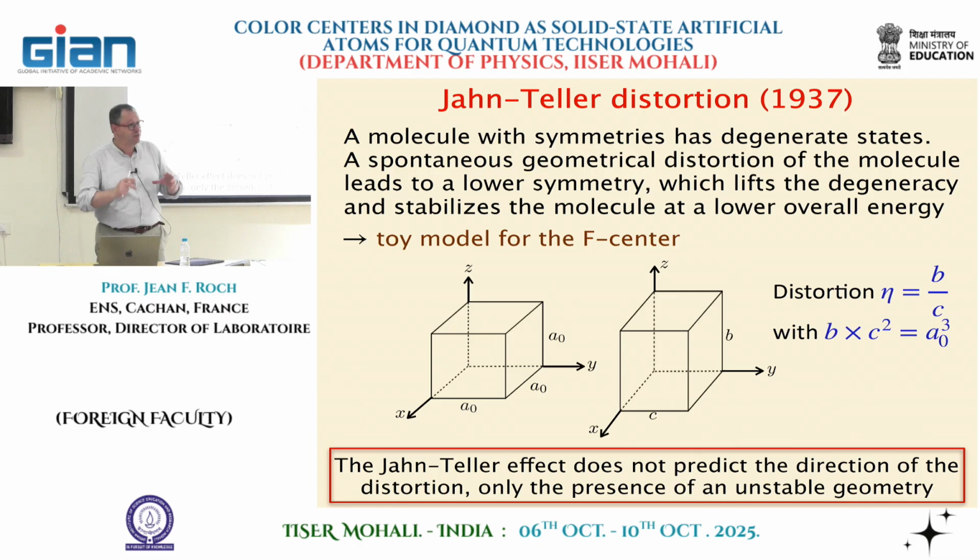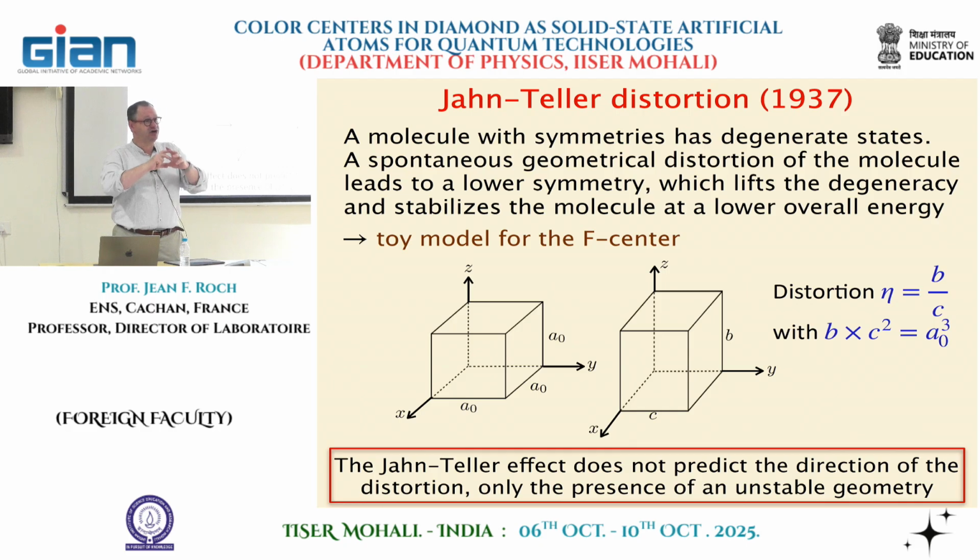And so what you can show is that if now I distort the molecule, then the symmetry is reduced, lower. And this geometrical distortion of the molecule actually may lead to energies that are smaller.